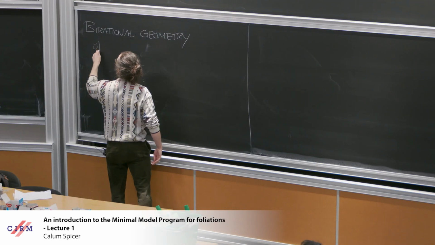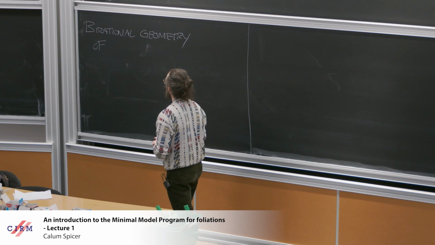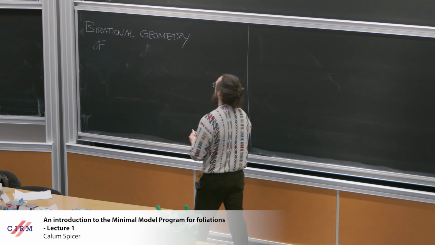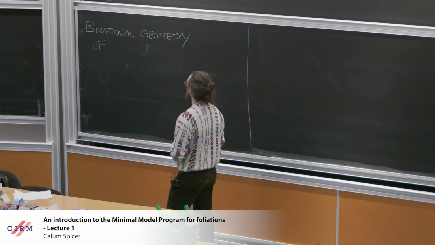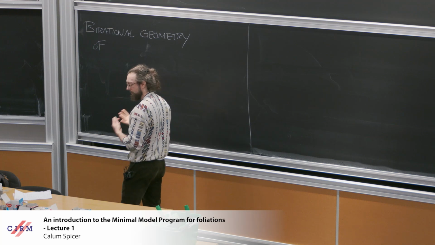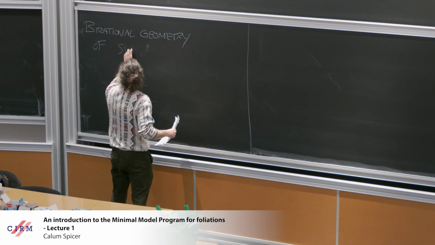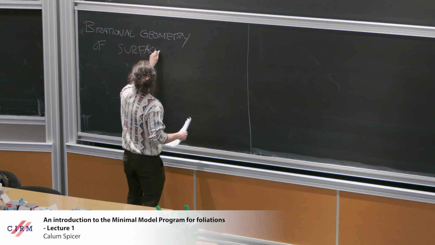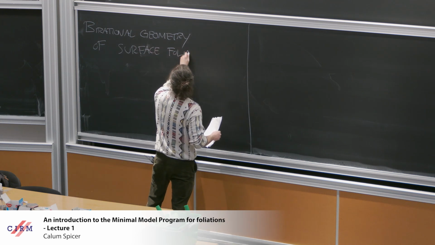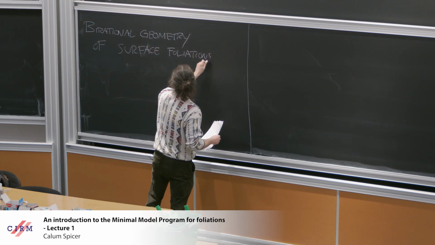So my first lecture today is, broadly speaking, I'll be talking about the minimal model program for foliations in these talks. But today I wanted to start by talking about the birational geometry of surface foliations. So this is a story that goes back a few years.